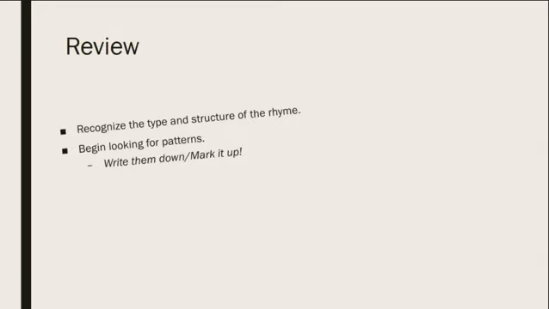So like in the last example that we looked at, ABA and BCB, that's that rhythm. So we would expect the next one to be CDC, and so on and so forth. So once we do that, we want to write them down, mark it up as much as we can, and then that's it. We figured out the rhyme scheme.